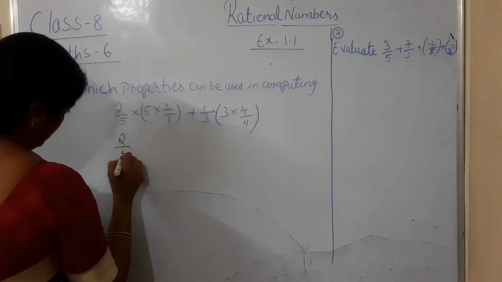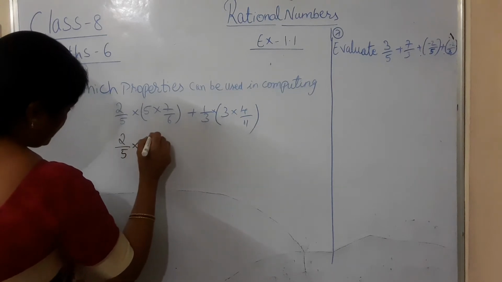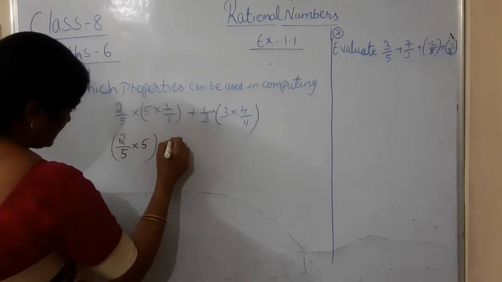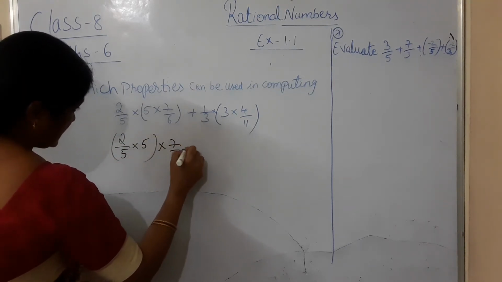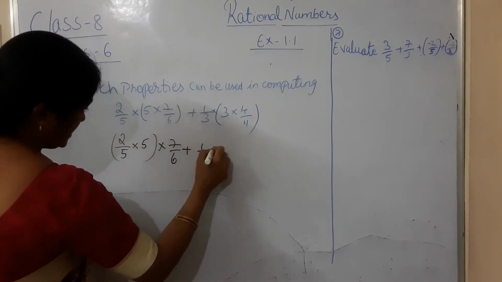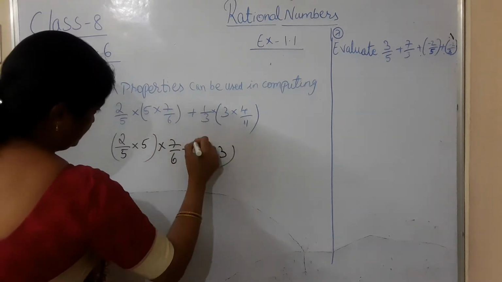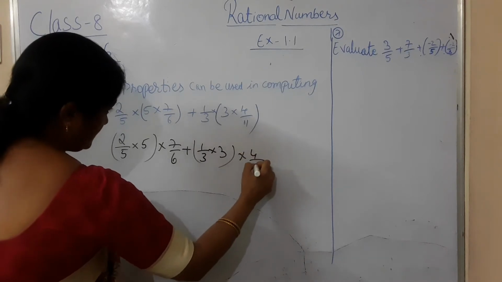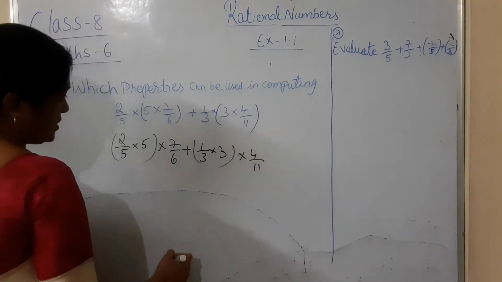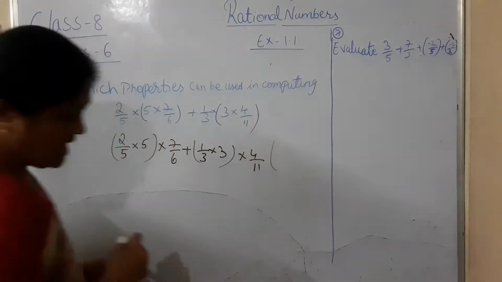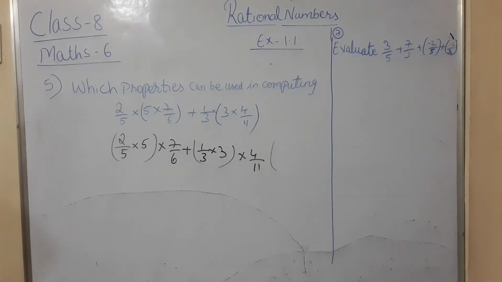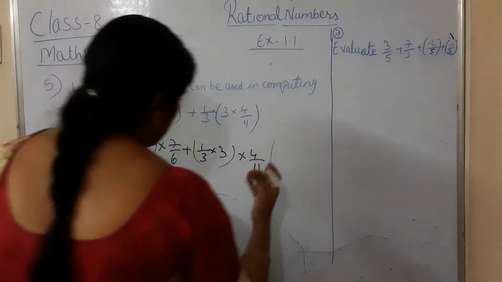So 2 by 5 into 5 into 7 by 6 plus 1 by 3 into 3 into 4 by 11. So what is the property that we have used over here? Associative property. Write up: associative property.